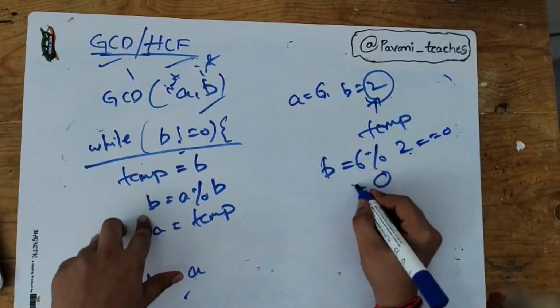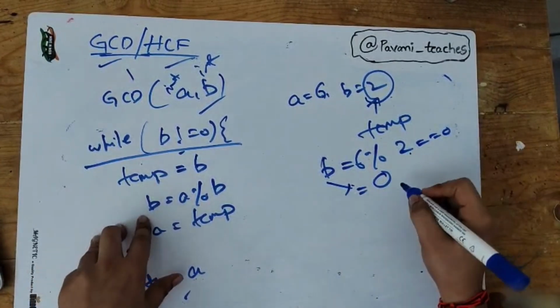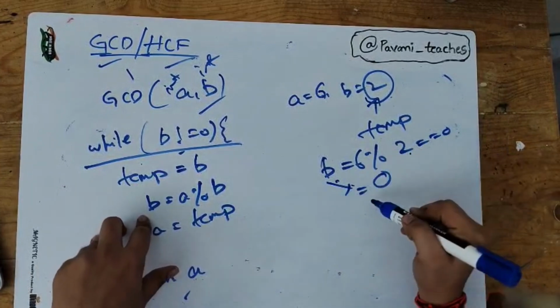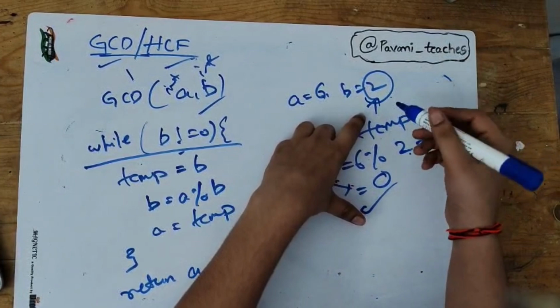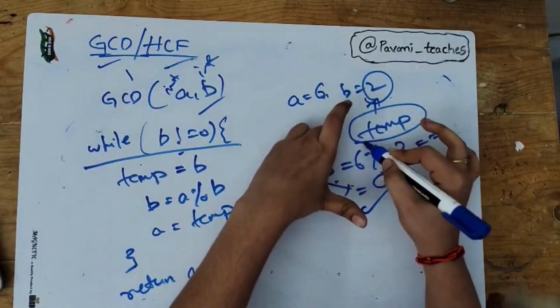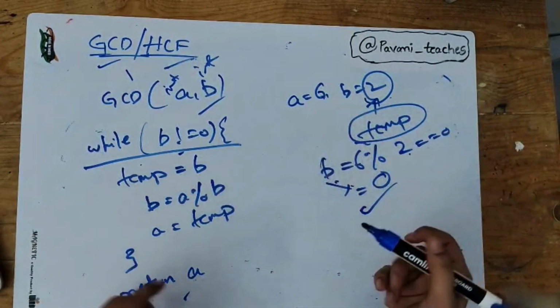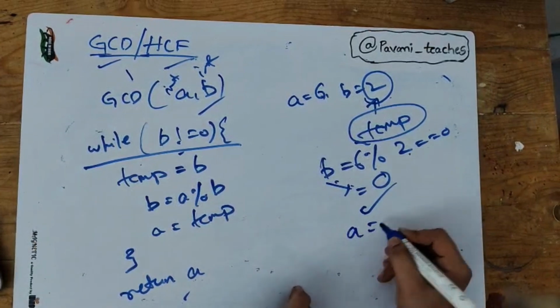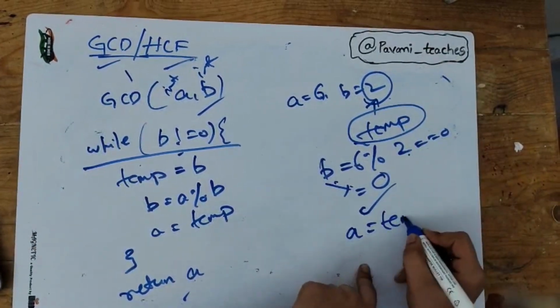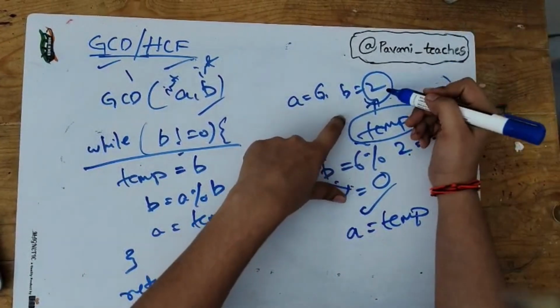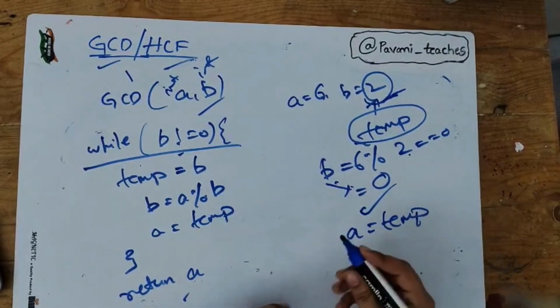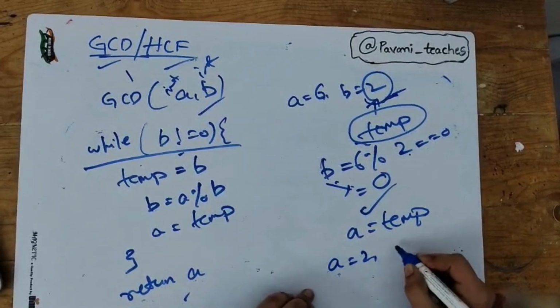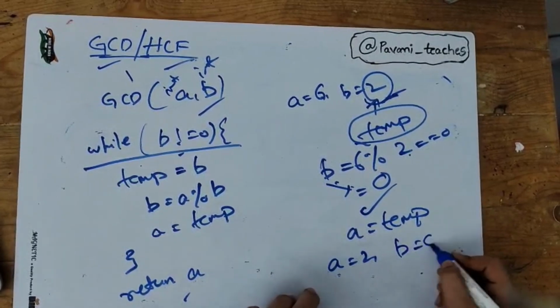So now the b value will become 0. The b value is replaced with 0, but previously the b value was stored in the temporary variable, don't forget it. Now a will become temp, which is the earlier b value. I hope you got it. Now the value of a will become 2 and b is equal to 0.